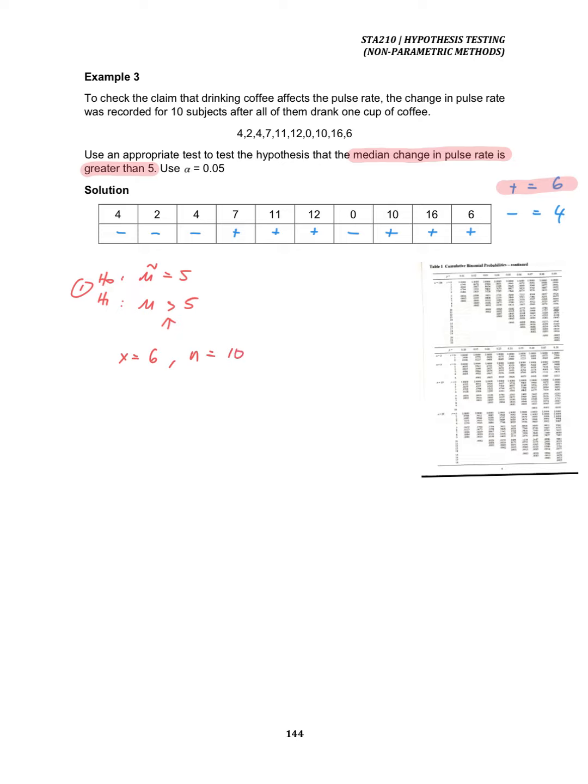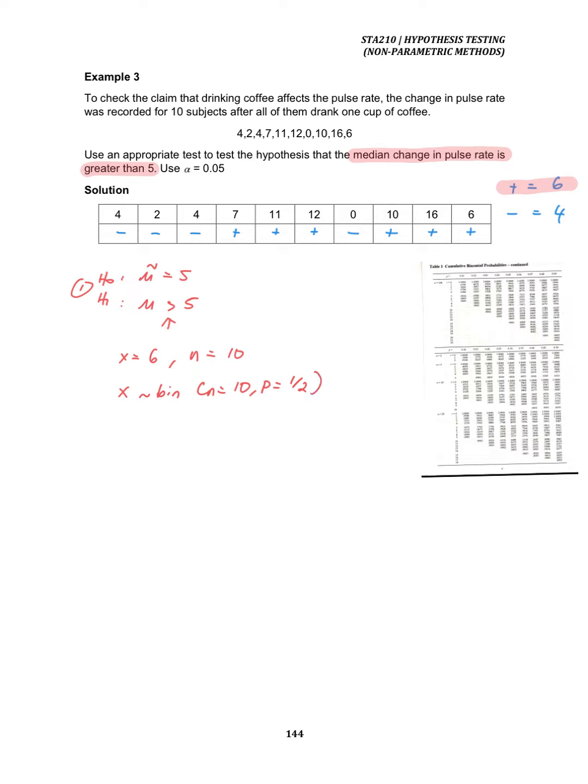And kita ada 10. So meaning that it can be written as X has binomial distribution with n equals to 10, P equals to half ataupun 0.5.